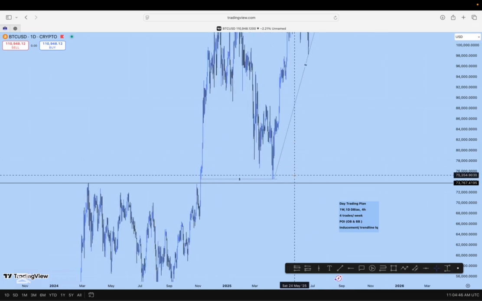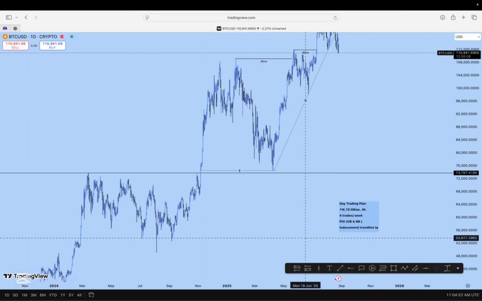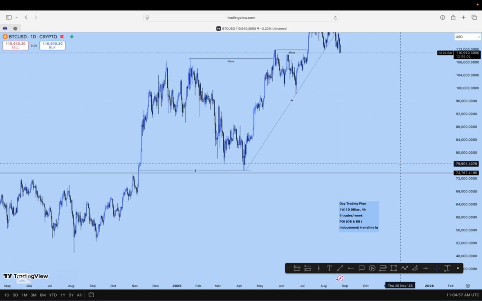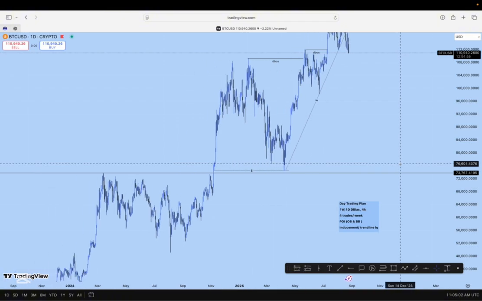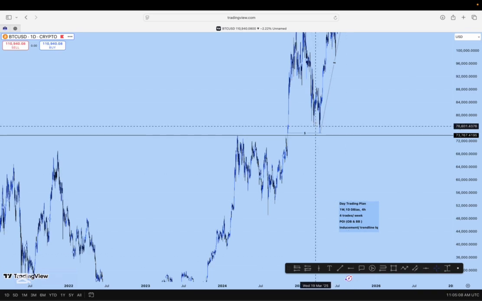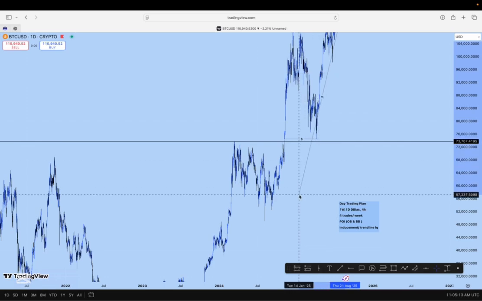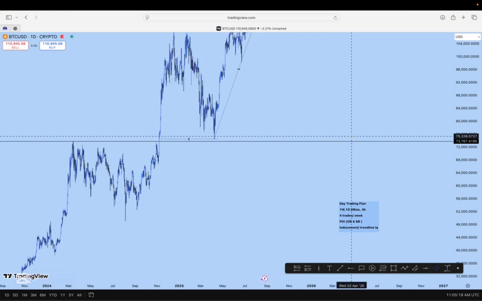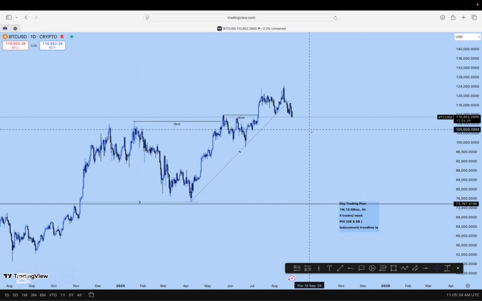So if I will be taking any trade, any buy trade, I should expect price to come to 73,766 on BTCUSD before I would take any buy. Let me try and extend the trend line and see something. So this is it. So BTC is looking bearish. It's looking bearish right now.